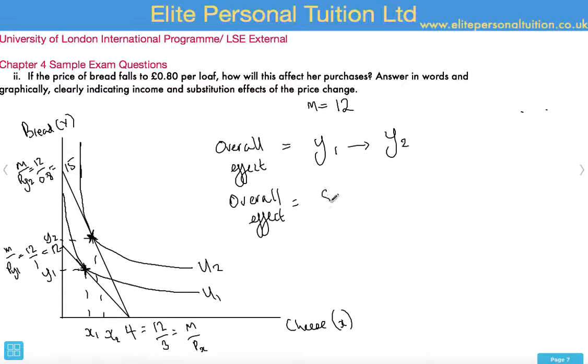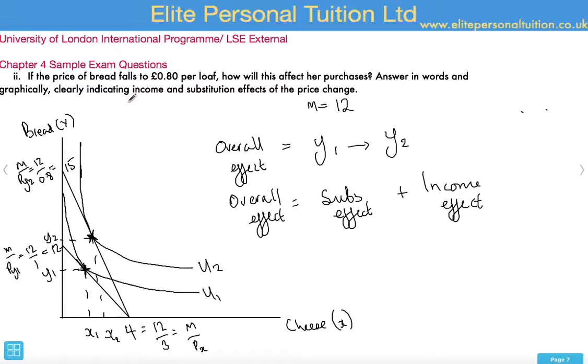And remember from your notes, the overall effect is equal to the substitution effect plus the income effect. So what we need to then go and do is split this overall effect into these two different effects. So you must always go and find the substitution effect first.